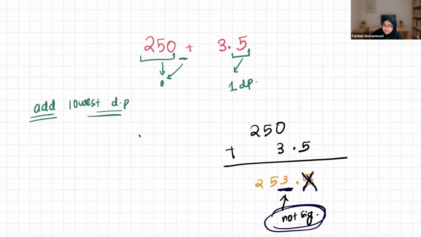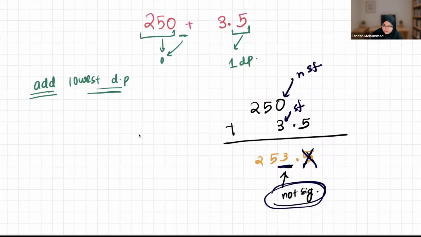Because this is not significant, but this is significant. So not significant plus significant should be not significant. So this one should be 0 without decimal. So the answer should be 250.